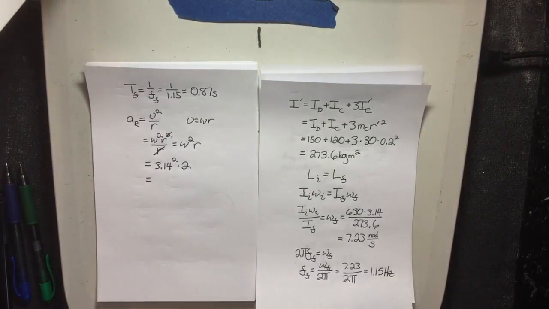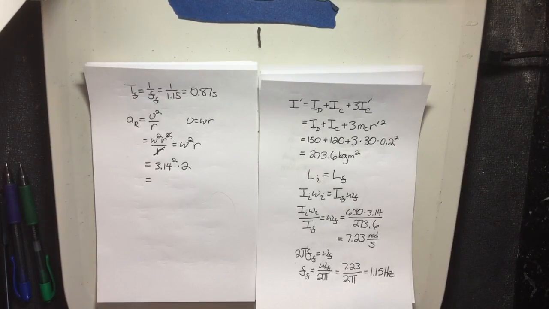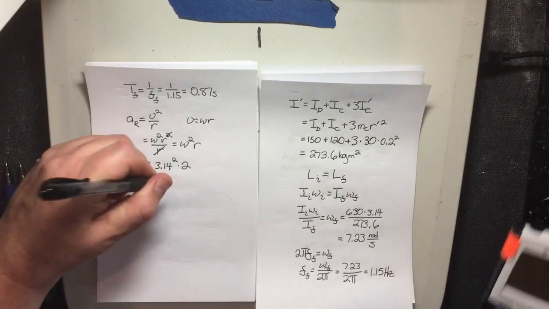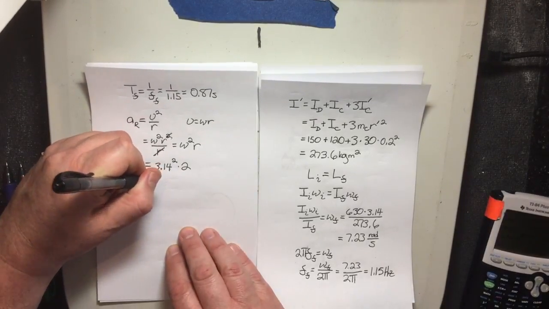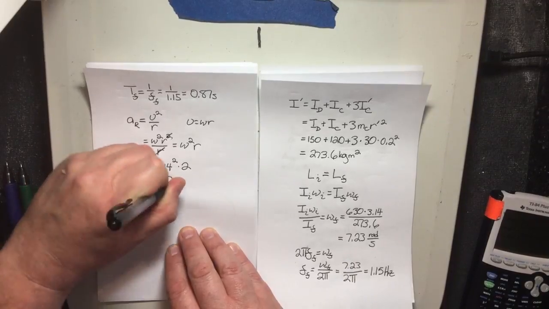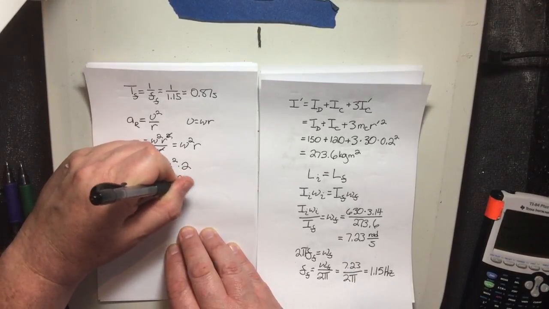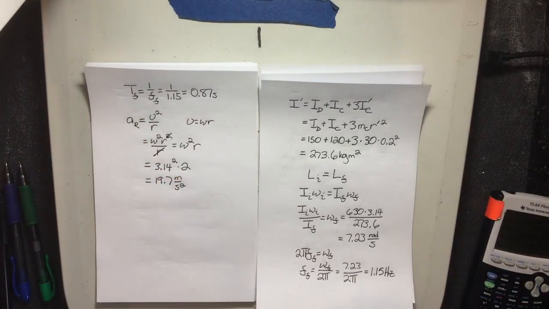Initially, the child who was at the edge, and one of the things that I would do, I really need to sit down and come up with some reasonable numbers. But the initial radial acceleration was 19.7 meters per second squared.